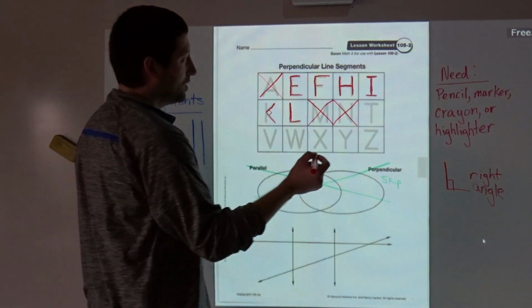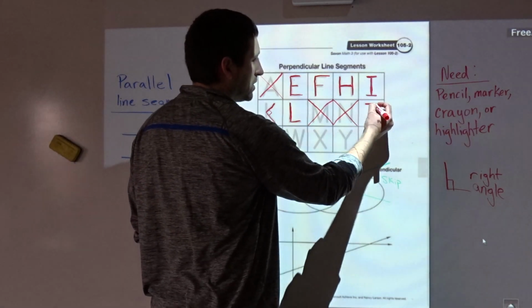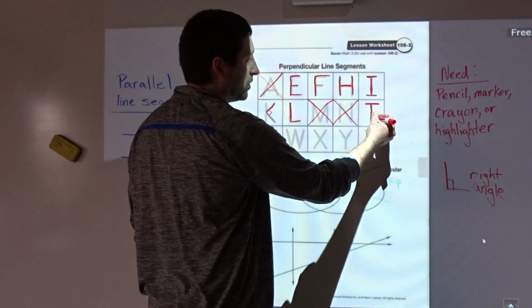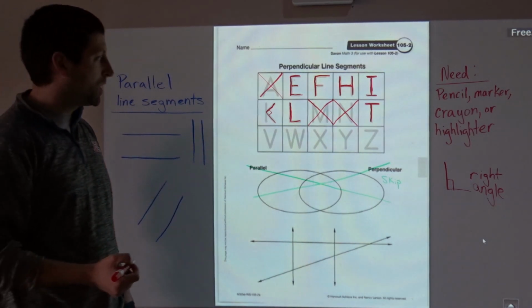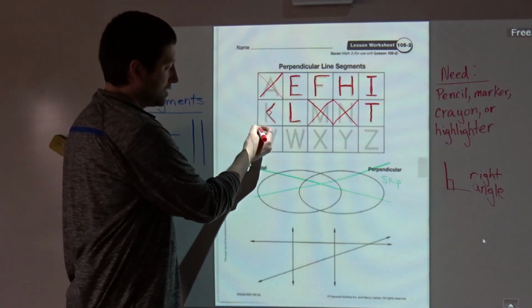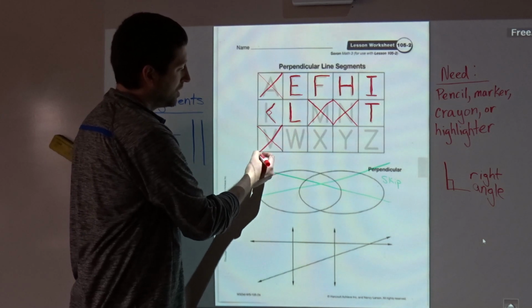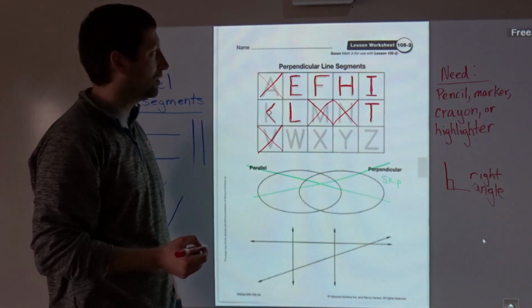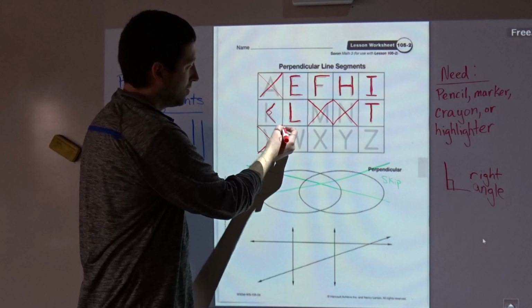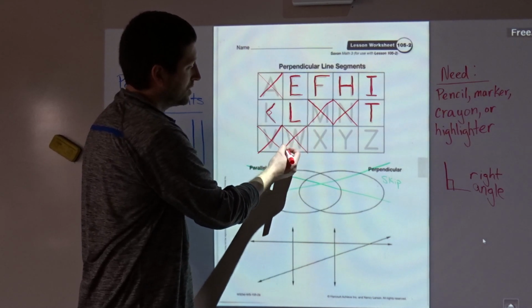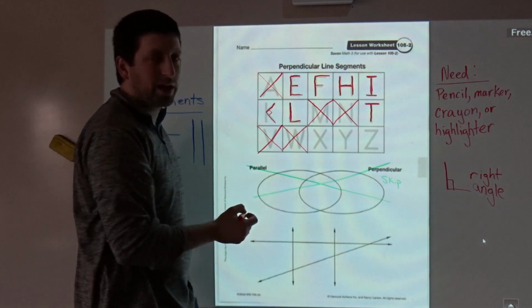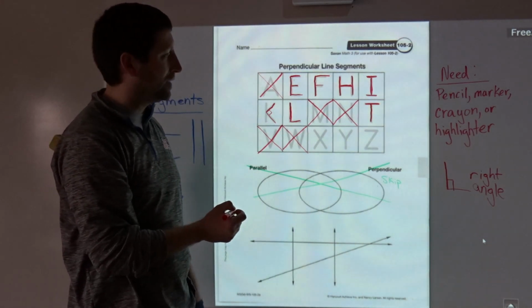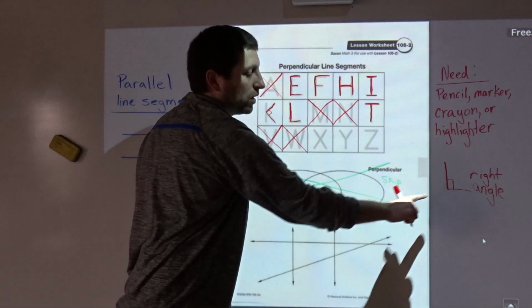Alright, so let's take a look at T. The top is perpendicular to the vertical line segment in the middle. V does not have any perpendicular line segments. W does not. X does not. Now it might look like it's pretty close, but it's not quite a nice right angle like we're looking for.